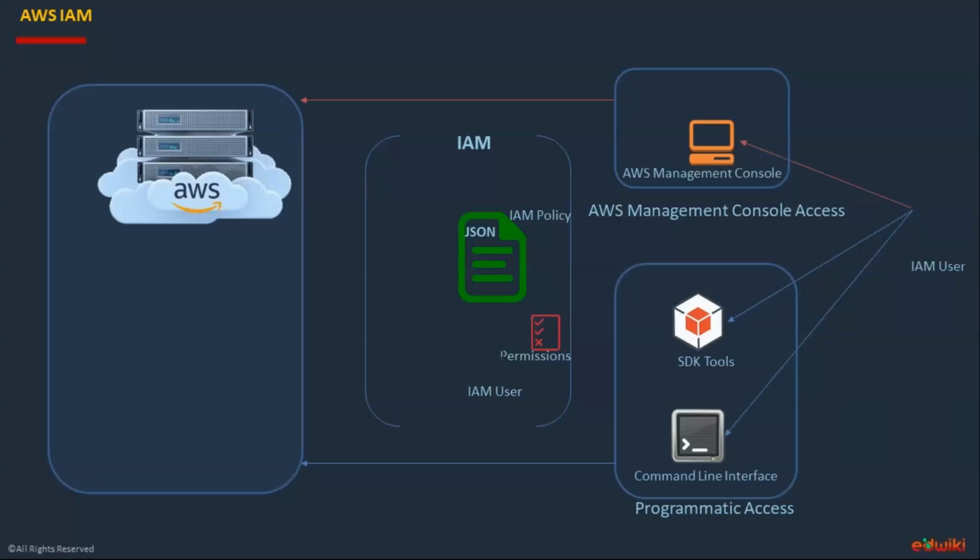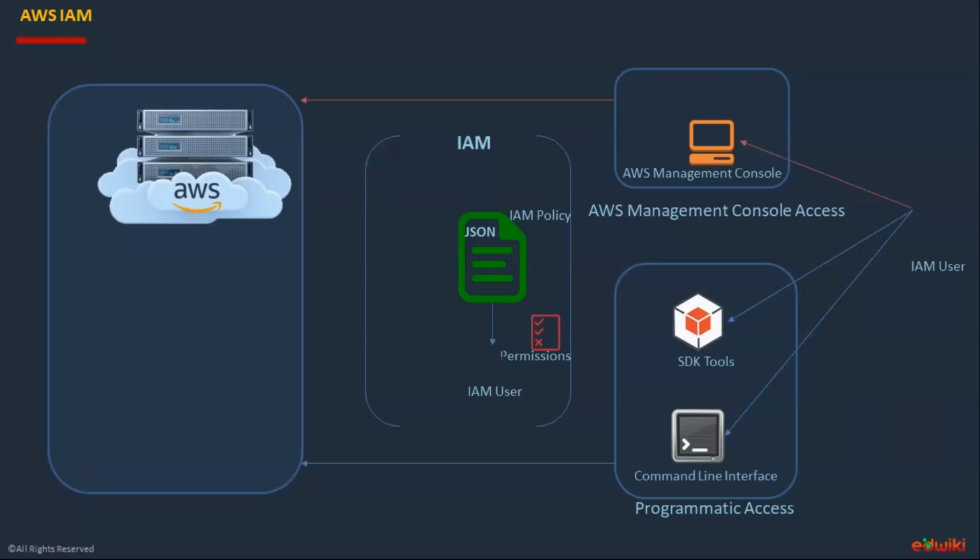That means I'm going to create an IAM policy. The policy has a certain set of permissions, and those permissions will be attached to your IAM user. I'll create an IAM policy document, some set of instructions, and attach it to the IAM user, so that whenever that user tries to access your AWS, only the permissions granted in the IAM policy configuration can be used by that particular user, not more than that.